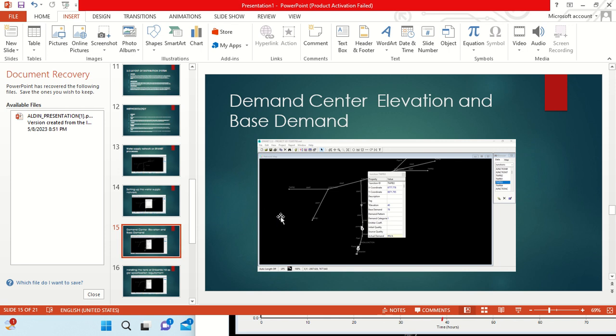Now I'm going to show you how you plug in the demand centers, elevation and base demand of the water distribution system.